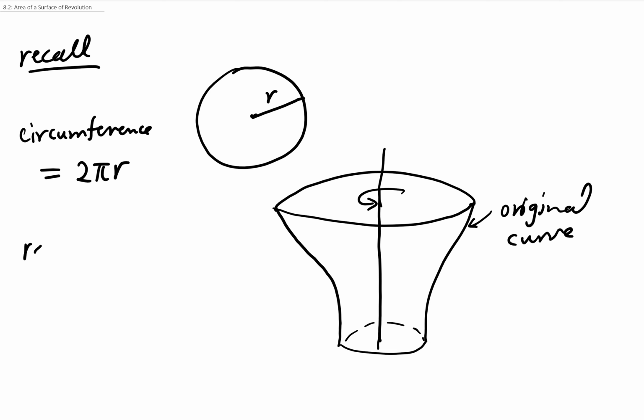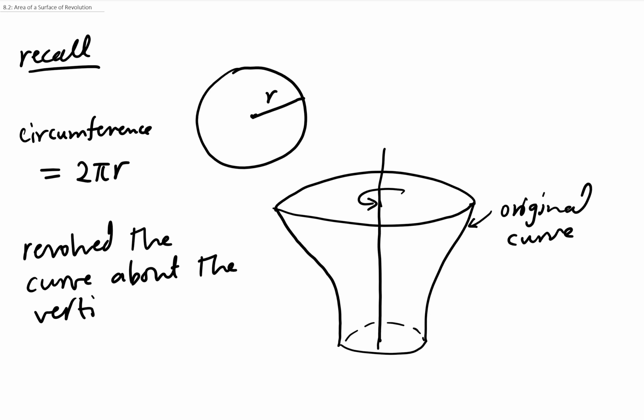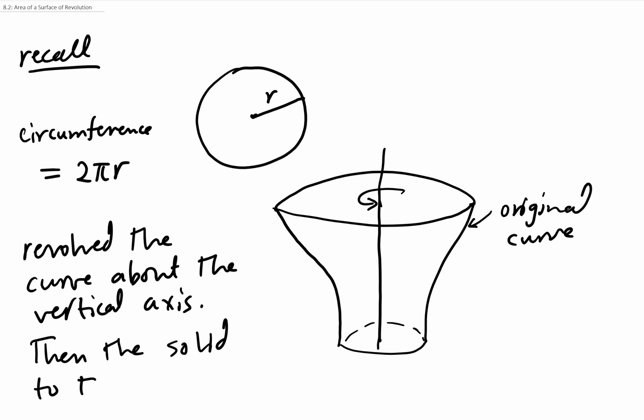So we revolved the curve about the vertical axis, as you can see in the diagram. Then the solid to the right is obtained.